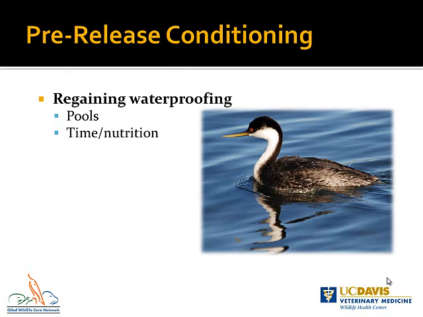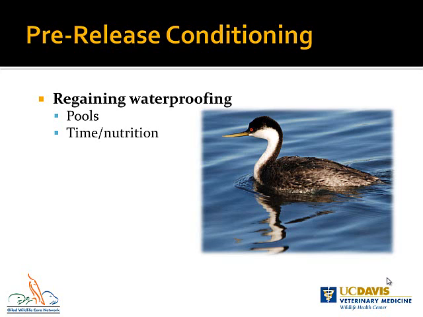Pre-release conditioning. So this is where the humans have done their part, and now the animals have to do their part to regain their waterproofing. You put them out in the outdoor pools, and this is where they do a lot of preening, realigning of the feathers.